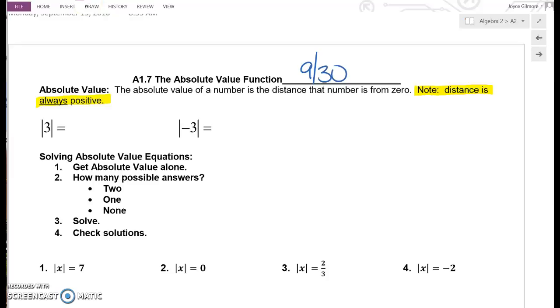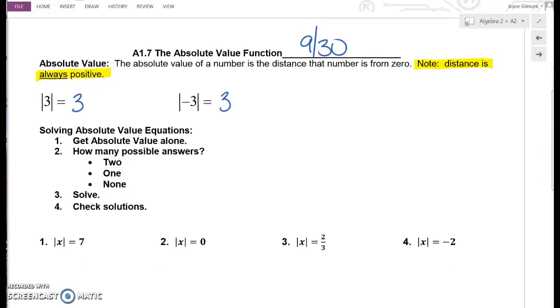How far is 3 away from 0? 3. 3 is 3 units from 0. The absolute value of -3. How many units from 0 is -3? 3. Notice that absolute value makes everything positive because it's indicating how many units from 0 that number is, and distance is always positive.